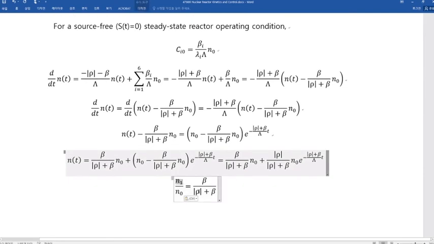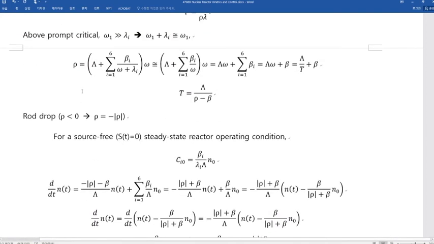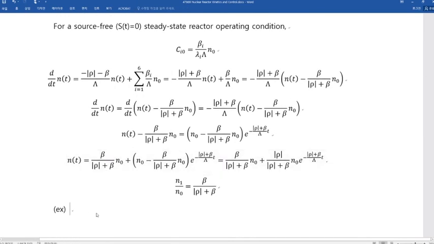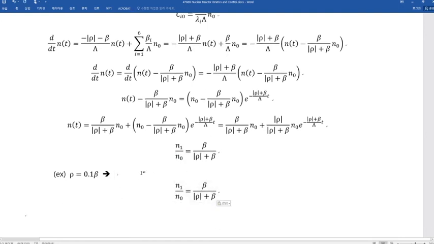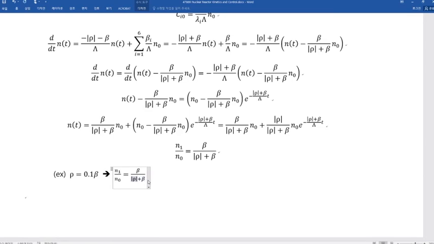So as an example, if the inserted negative reactivity is 0.1 beta, then of course this would be beta over 0.1 beta plus beta.